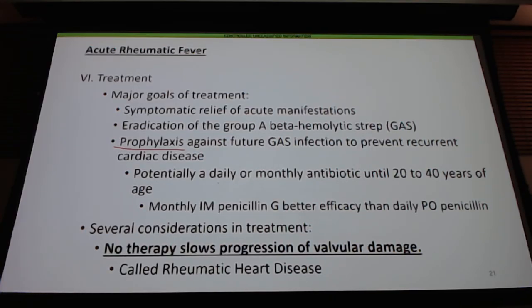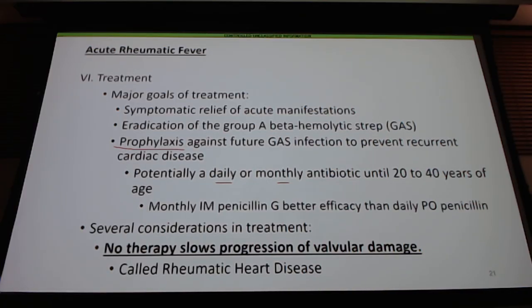And this can be either a daily oral medication that they take or even a monthly injection that they get. And it could last for 20 to 40 years, depending on when they develop their acute rheumatic fever and also how severe their reaction was.